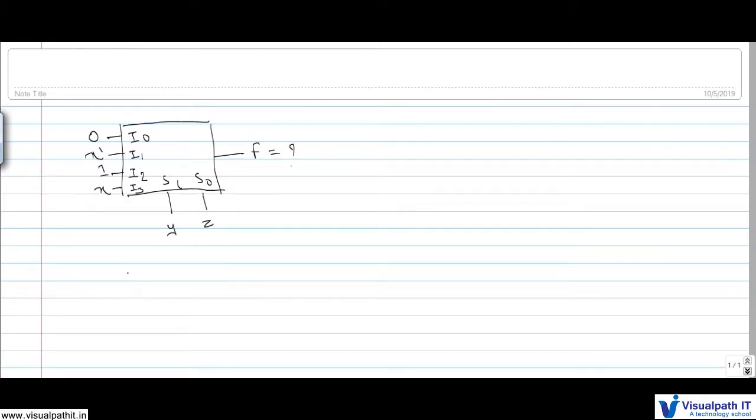So as I told you, whatever the input you have, you have to draw the K-map for it. So I will put X here, X dash, X, this is Y dash Z dash, Y dash Z, Y Z, Y Z dash. Now I have to find the function.